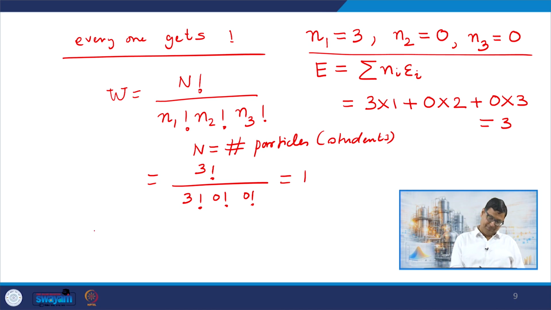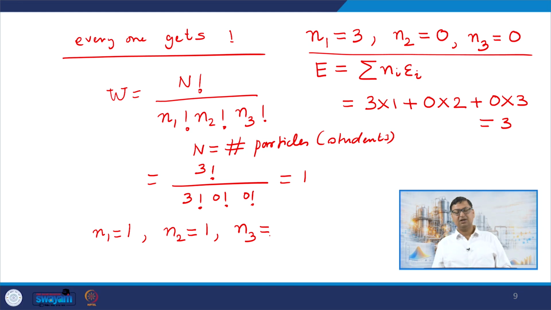On the other hand, if one person gets 2, in that case another person gets 1. So the number of people having 1 is equal to 1, the number of persons having 2 is equal to 1, and the number of persons having 3 is still 0. But the number of persons having 0 chocolates is now equal to 1.